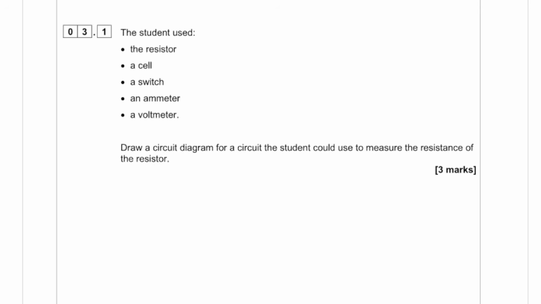Now, if you need to measure the resistance, you need the current and the voltage, which is going to be given from the ammeter and the voltmeter. So let's start by drawing the cell. To the cell, we are going to draw the ammeter first in series.